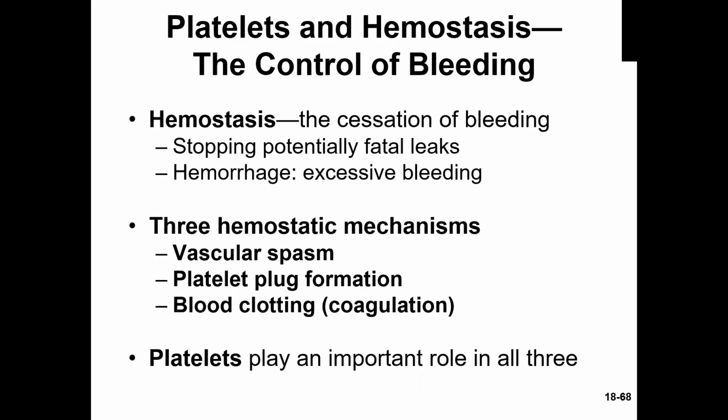Hemostasis, not homeostasis, is the cessation of bleeding, which is super relevant. If we have hemostasis that's not controlled, the relevance here is that you have blood volumes changing, blood pressure changing, that are going to disrupt general overall homeostasis.